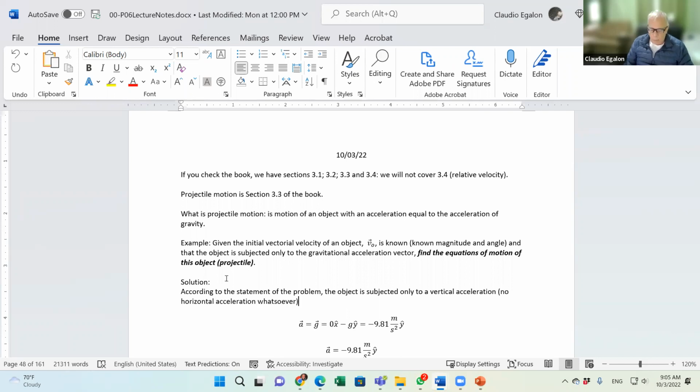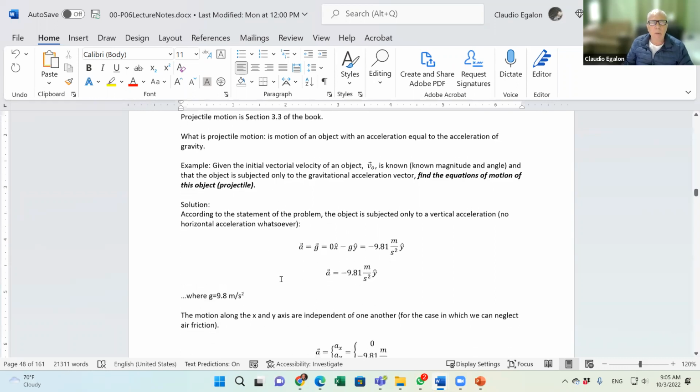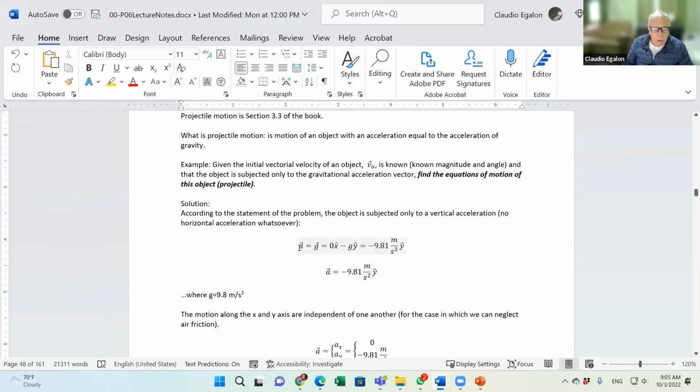Okay? Consequently, its acceleration can be written in a different way.